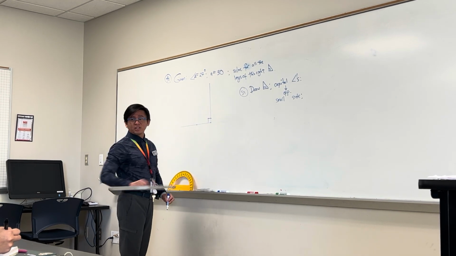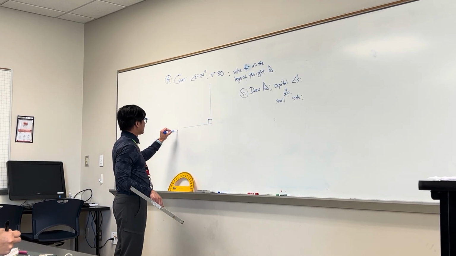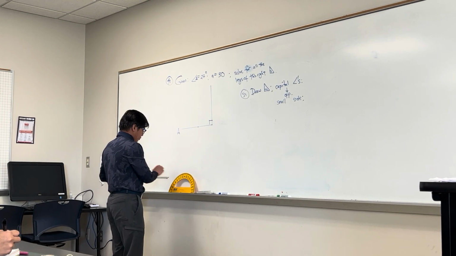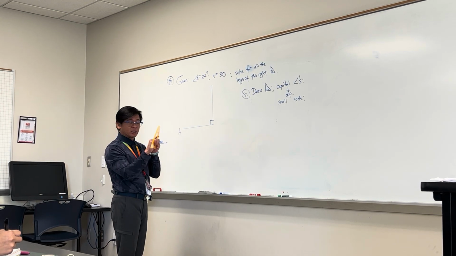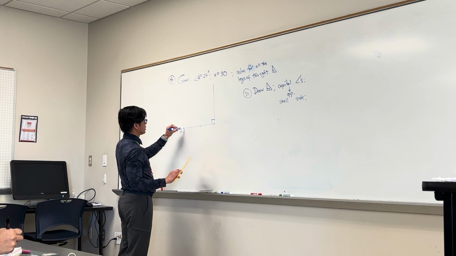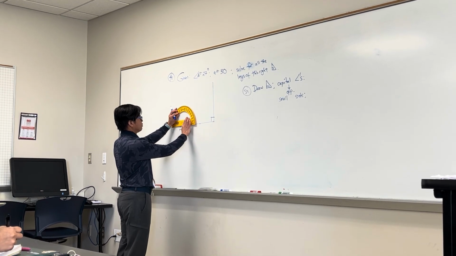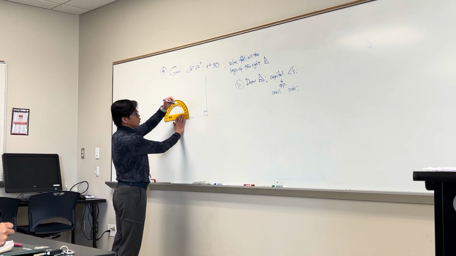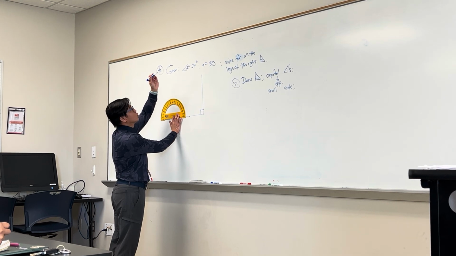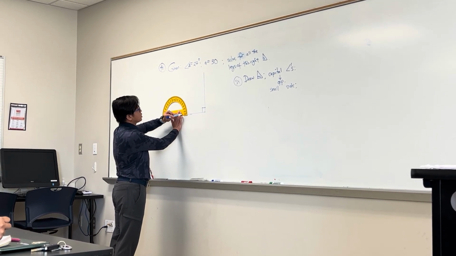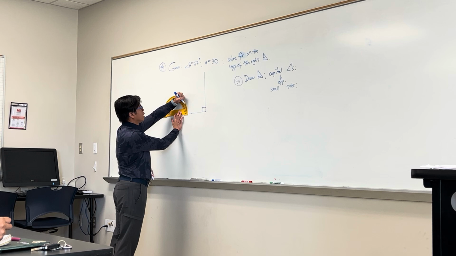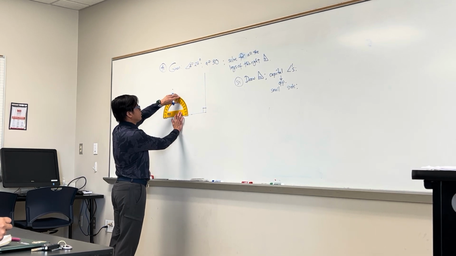It says 27 degrees, so let's consider this one as our angle A and make sure that it's 27 degrees using our protractor. So here it is. There's the vertex in there. Make sure it's 0 degrees and it says what? 27 degrees. Where's that? 0, 10, 20, and then here it is, 27 degrees.